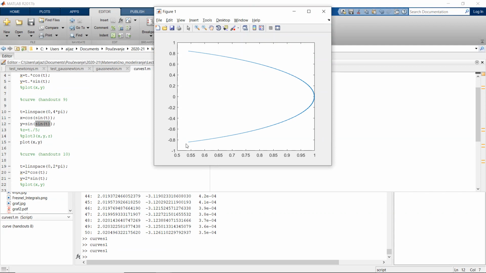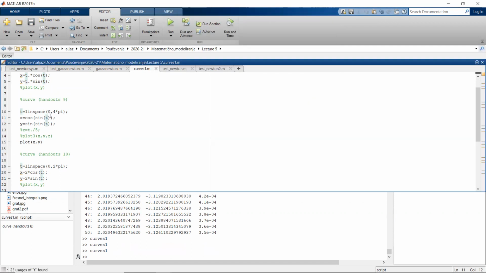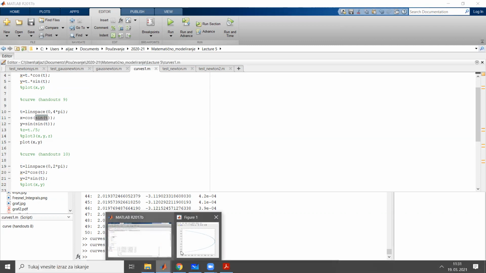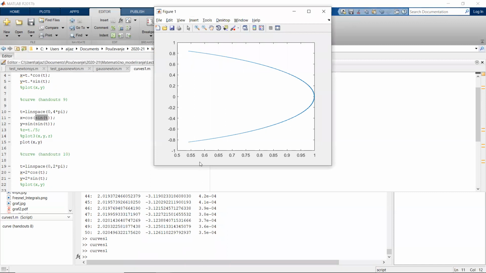Only that, yeah. So why did we get only this part? Can anybody figure out why we got only this part of the curve?